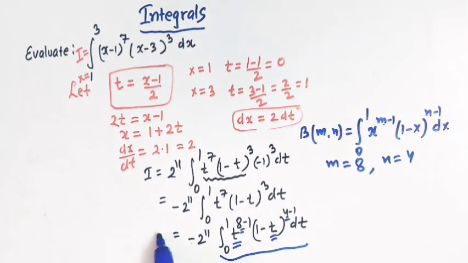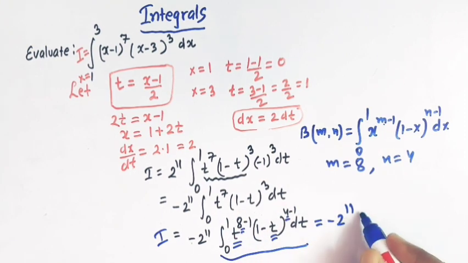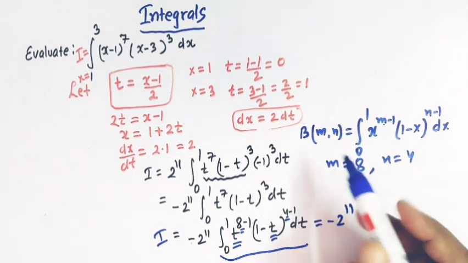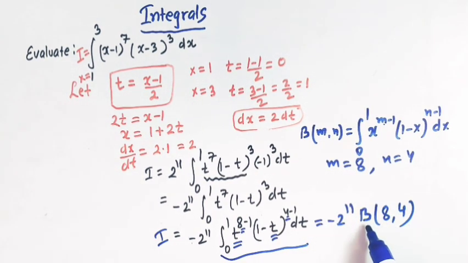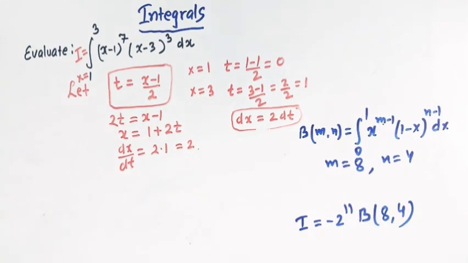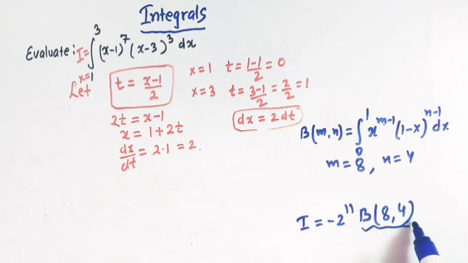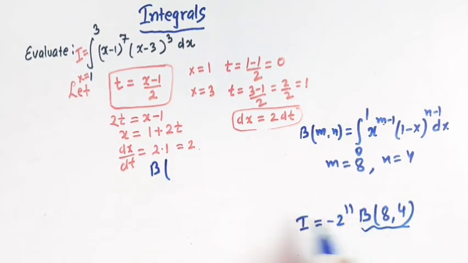So now this integral I is minus 2 raised to 11 times beta(m, n), where m is 8 and n is 4, right? So now we have beta of 8 comma 4. This beta function can be expressed in terms of the gamma function.